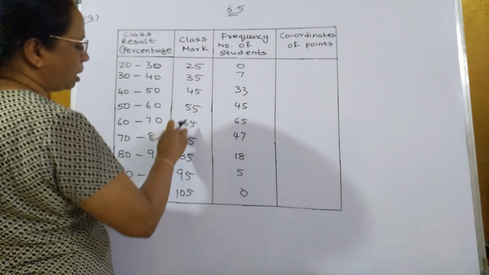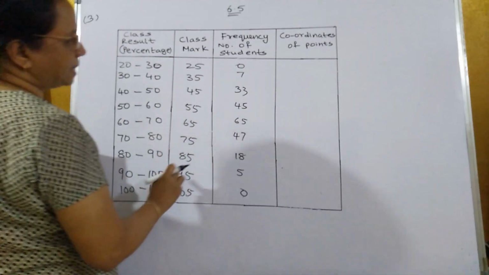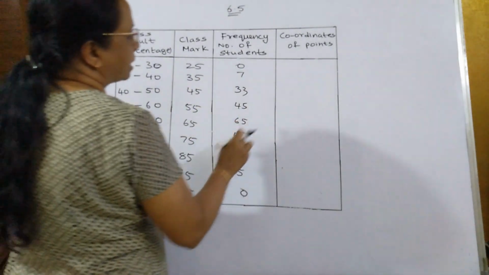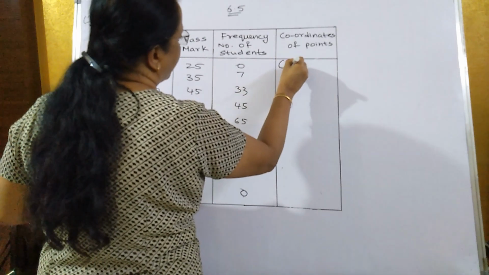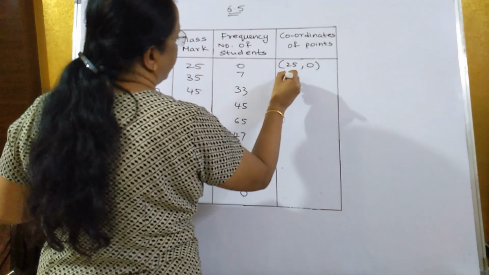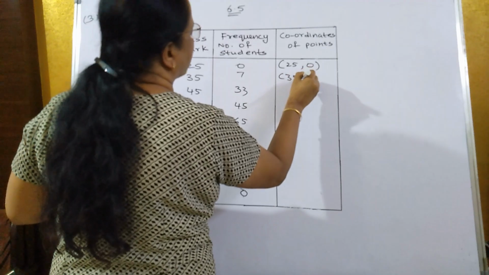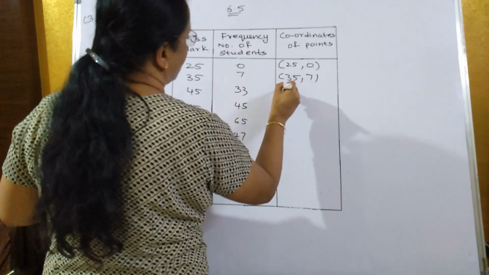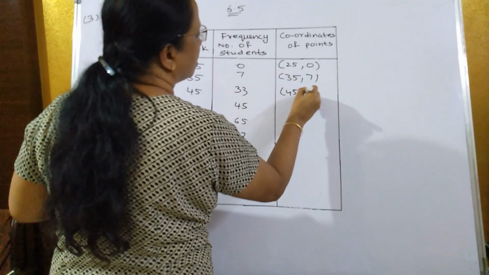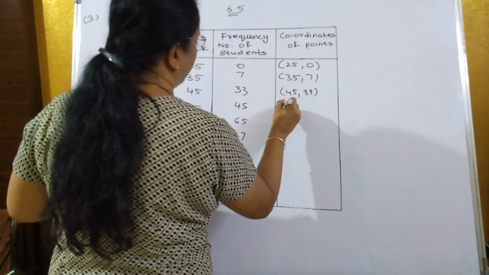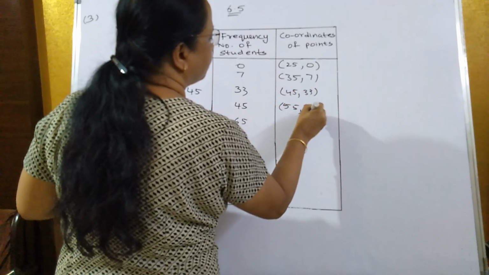So this you will mark on the x-axis, and this you will mark on the y-axis. So the coordinates are what? 25 and 0. Next is what? 35 and 7. Next is what? 45 and 33. Next is what? 55 and 45.